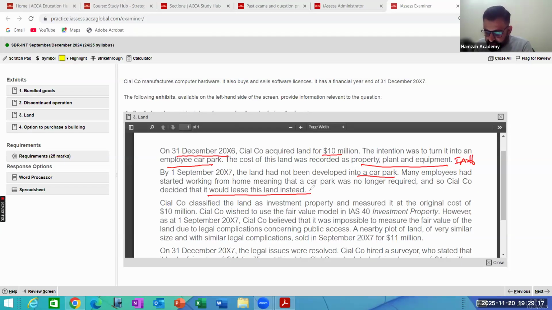C company wished to use the fair value model in IAS 40. However, as at 1st September X7, C company believed that it was impossible to measure the fair value of the land due to legal complications concerning public access. A nearby plot of land of similar size with similar legal complications sold in September for 11 million US dollars.